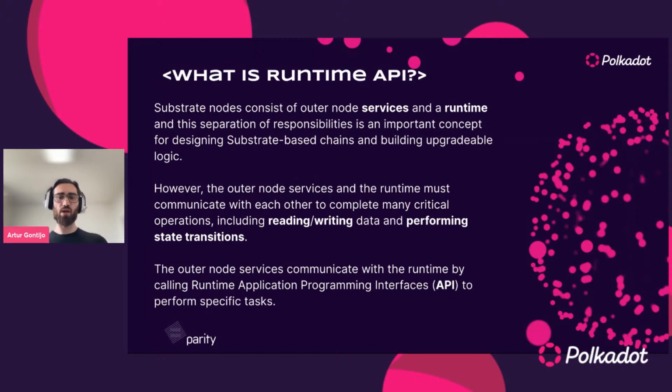The Runtime API is exactly this application programming interface, a way that the client is able to communicate with the runtime, the WASM part of our solution. So we can do many things, like reading and writing data to and from the runtime state, and also performing state transitions by sending extrinsics.